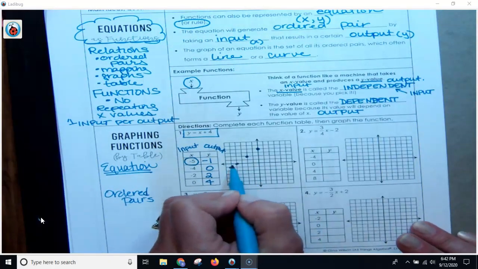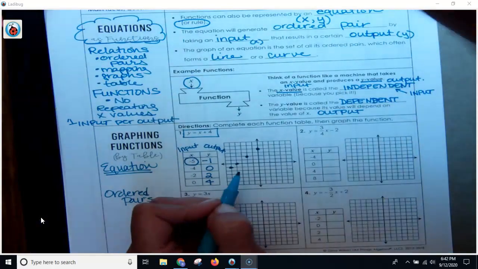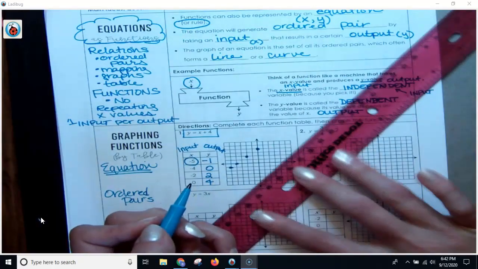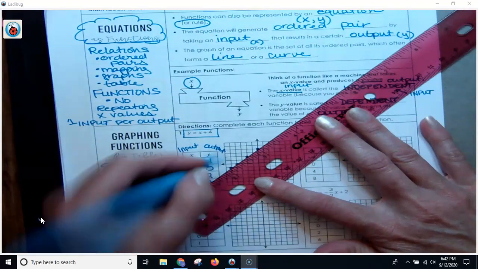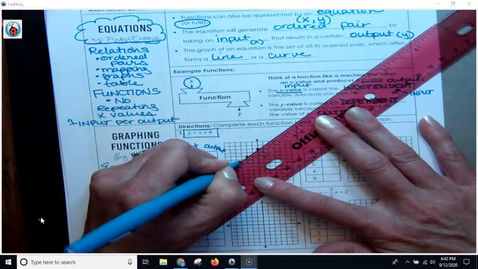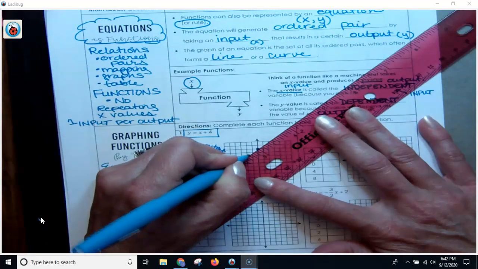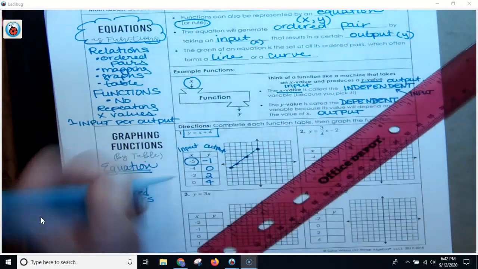Every single number between -5 and -4 also gives me an output. A line is really just a bunch of teeny tiny ordered pairs so close together that they look like a solid line.